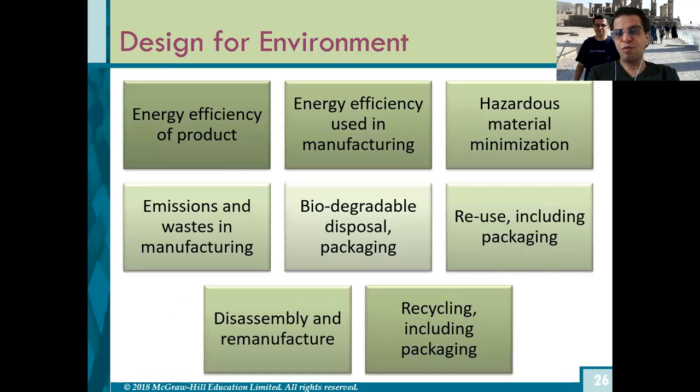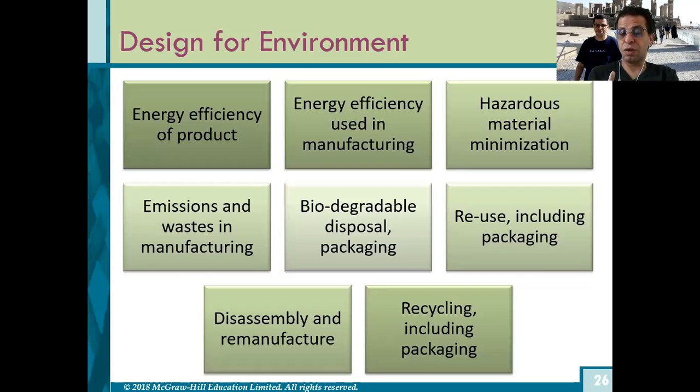So, for design for environment, when we're looking at the design, we have to take the environment into consideration. We're looking for energy efficiency of the product, energy efficiency used in manufacturing, whether there is a hazard, and how we minimize materials. Emission and waste in manufacturing are very important. We saw how Ford does that.